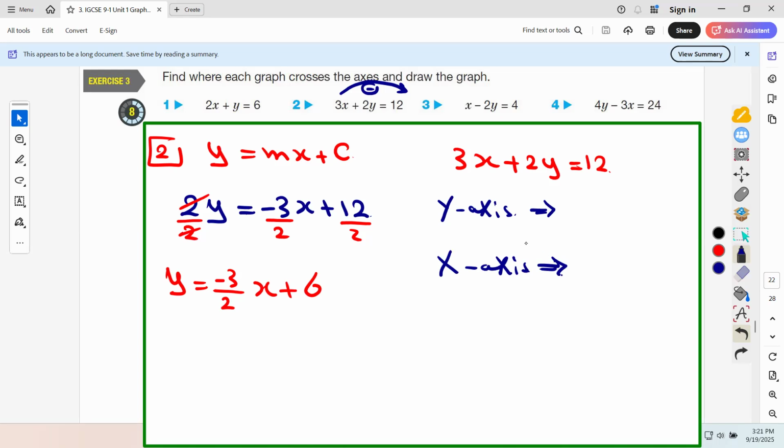For the y-axis, the x is 0 and the y is 6. Good. And for the x-axis, the y is 0.